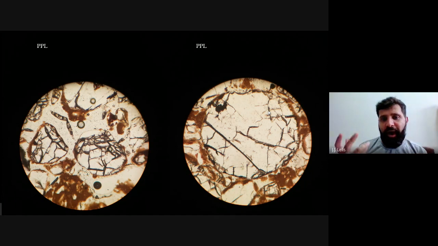So if we have different sizes of the coarse fraction, like, okay, I have very fine sand, coarse sand, we have different sizes of this coarse fraction, this is not an aeolian process. This is not wind. This probably is a fluvial process.